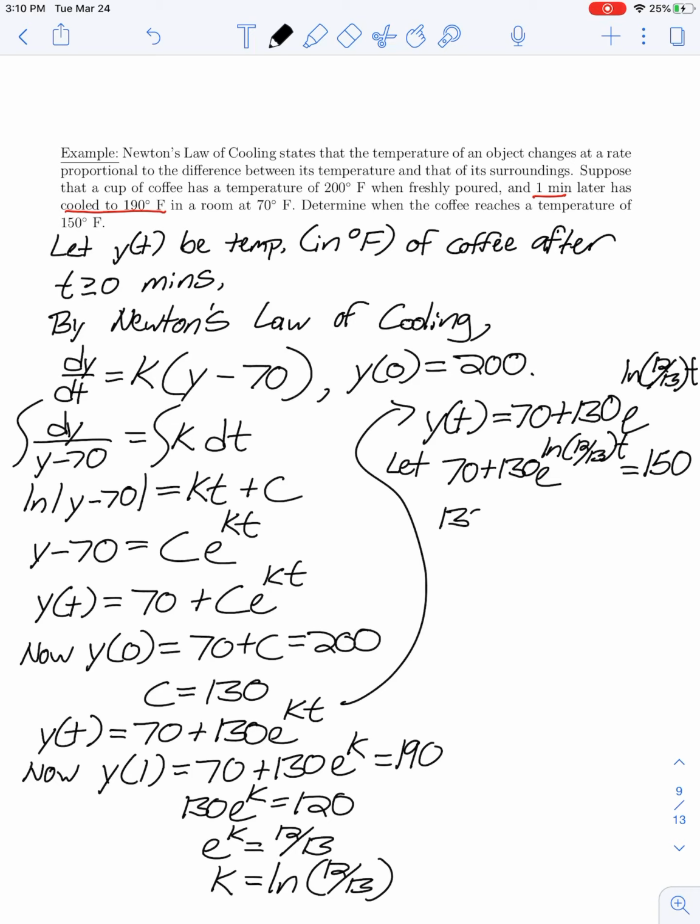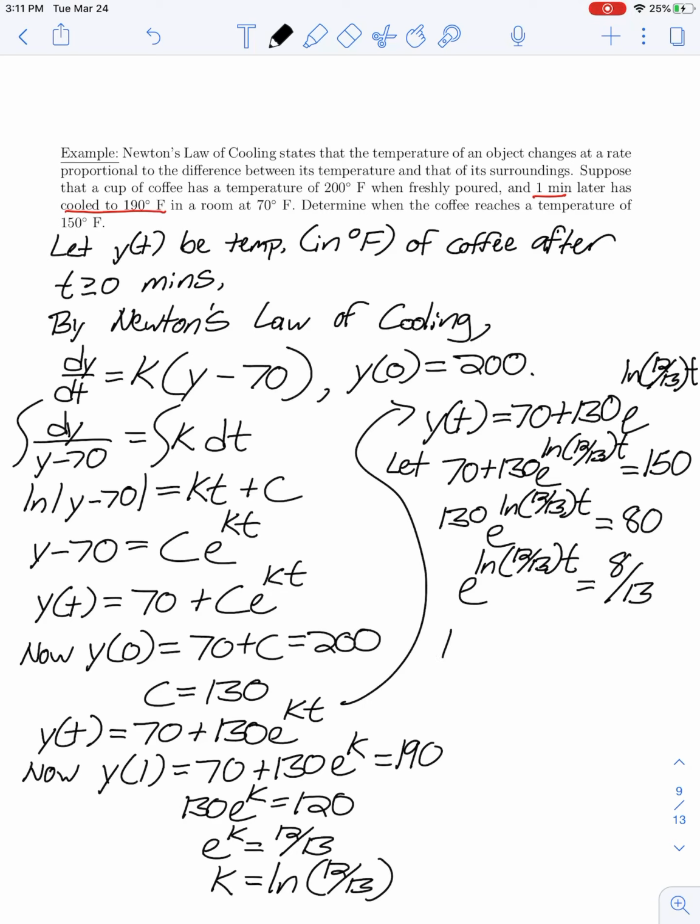So if I first subtract 70 from both sides, I would have 130 times e to the natural log of 12/13 times t is equal to 80. And then dividing by 130, we have e raised to the natural log of 12/13 t is equal to 8/13.